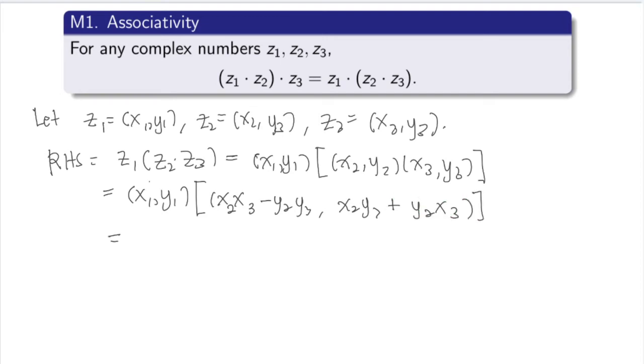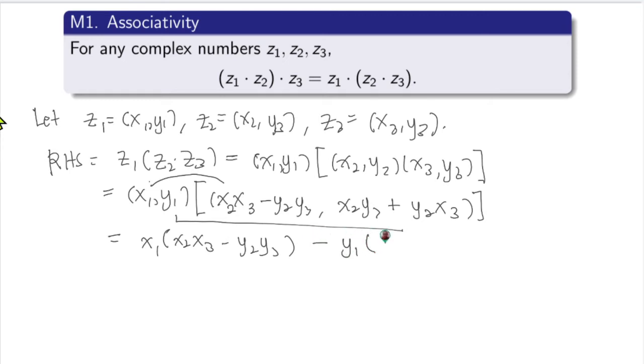Another application of multiplication of complex numbers, we have for the real part, first, that's x1 times the quantity x2, x3 minus y2, y3. Last, we have minus y1 times the quantity x2, y3 plus x3, y2.